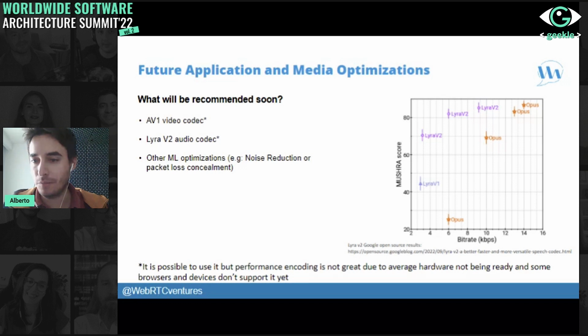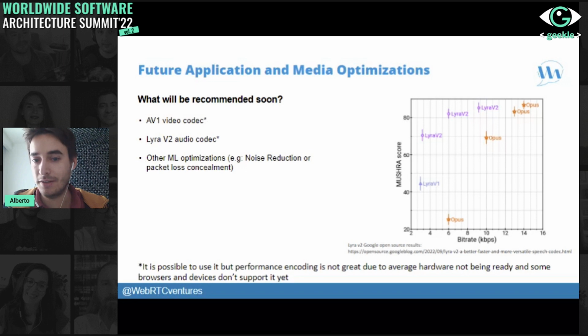That's something that will change and will improve a lot the performance of video calls. Many people are already experimenting with it, and it's one way to improve quality with the same bandwidth.